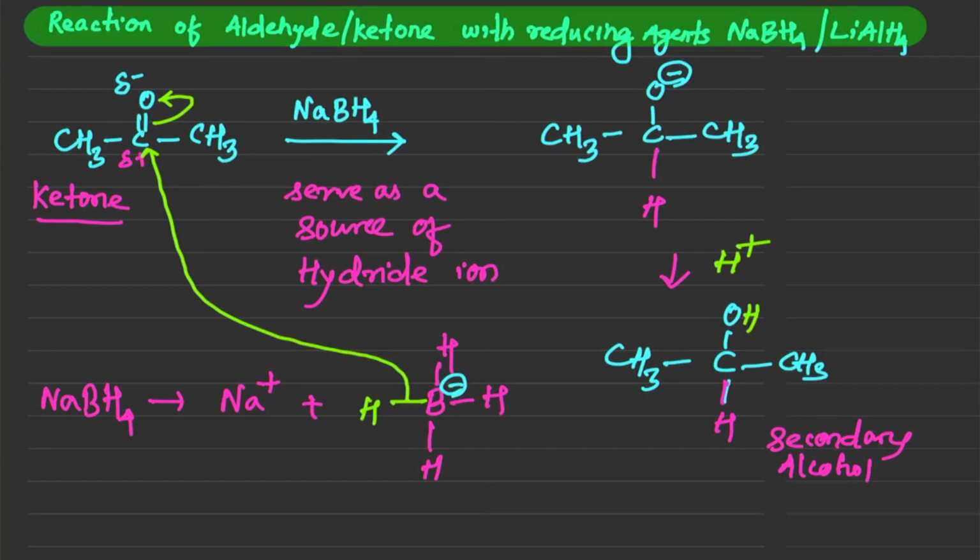Let's add a little bit more details. If you remember what kind of hybridization we have here, this was an sp2 hybridized carbon atom, but now we got an sp3 hybridized carbon atom, right? So this one is sp3, which is the tetrahedral intermediate.